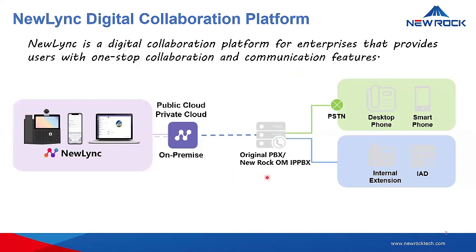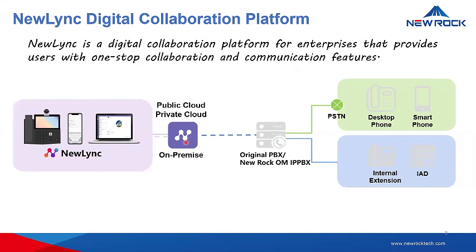So from this diagram, the Neurac OMIPPBX can support access to the Newlink cloud platform in order to achieve connectivity with the so-called corporate extensions and turn these corporate extensions into mobile extensions. That will guarantee you never miss a business call.